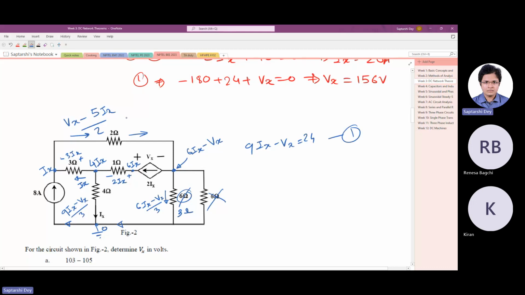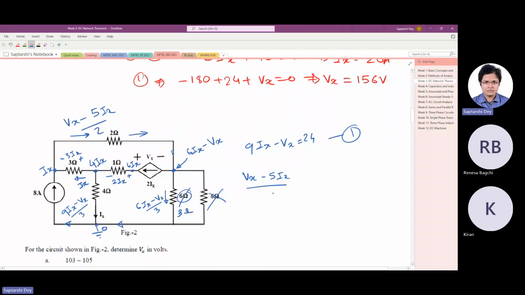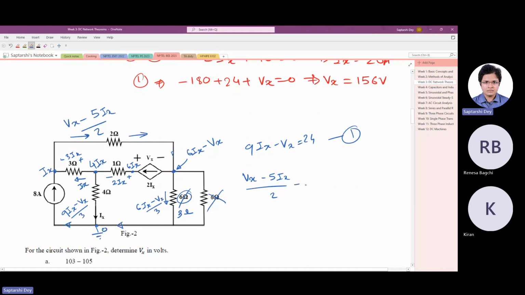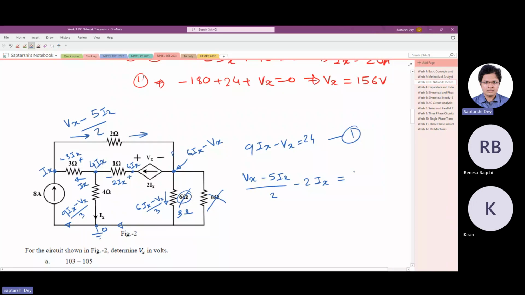Let us see if it works. If I apply KCL here, what will happen? If I write Vx minus 5Ix by 2, I'm just trying to see whether I am getting a different equation or the same thing is coming back. Minus 2Ix equals 6Ix minus Vx by 3.